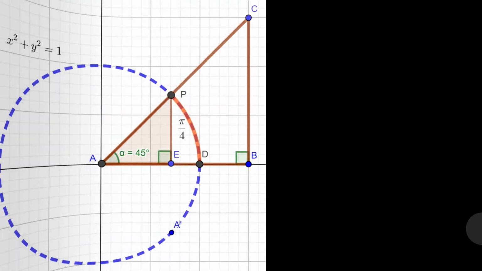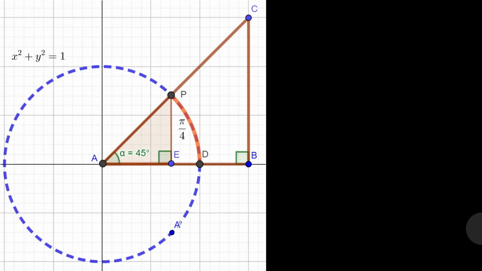So the reason why I chose to begin this informal proof by reviewing our understanding of similar right triangles is because we will use it. So in this picture, we have a pair of similar right triangles. Triangle AEP, the smaller right triangle, those are the vertices, and the larger triangle ABC.